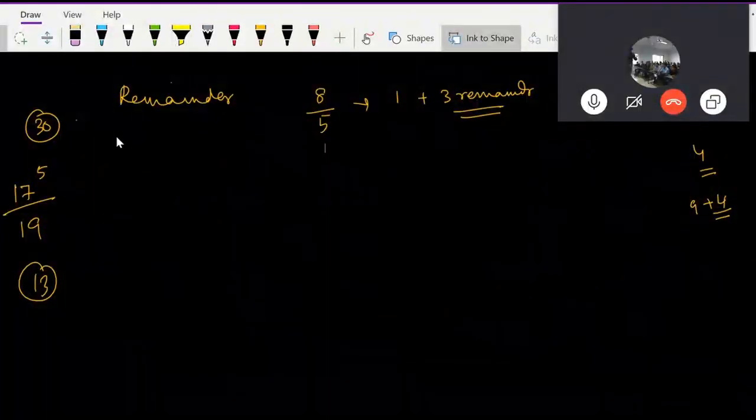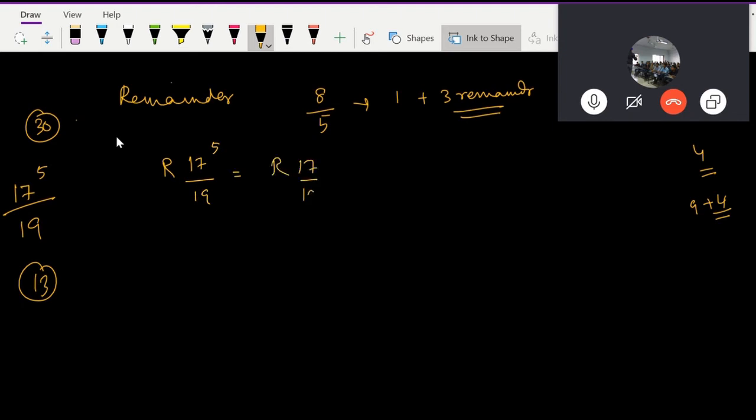So we do the same thing. So remainder of 17 to the power 5 by 19 is equal to remainder of 17 by 19 whole to the power 5, right? So this is minus 2 to the power 5, which is minus 32, right? Now, be careful when you're dealing with negative numbers, negative remainders, right?